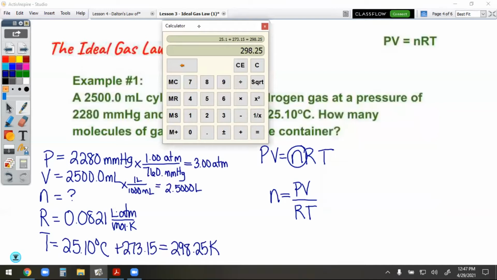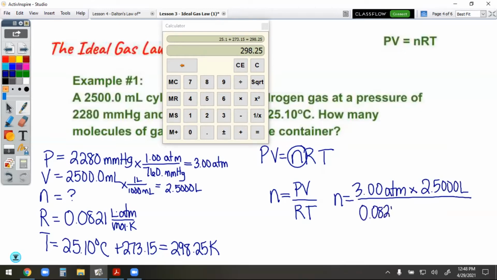We have P times V. So our pressure, 3.00 atm, times our volume, 2.5000 liters, divided by our value for R, 0.0821 liter atm over mole Kelvin, times our temperature, 298.25 Kelvin.